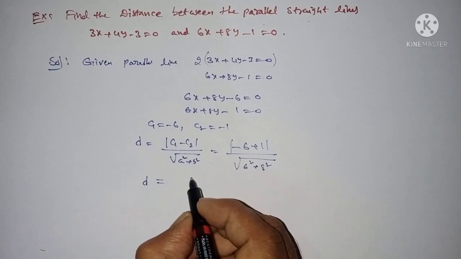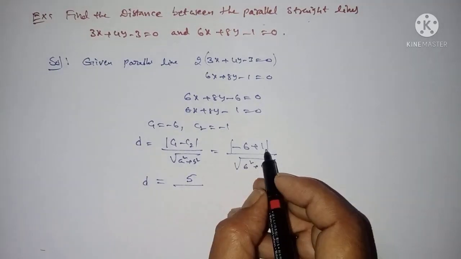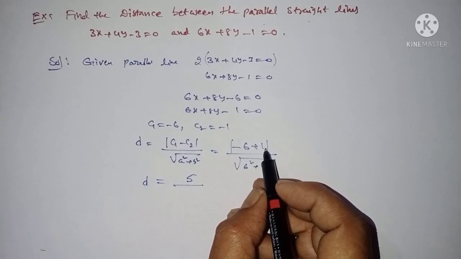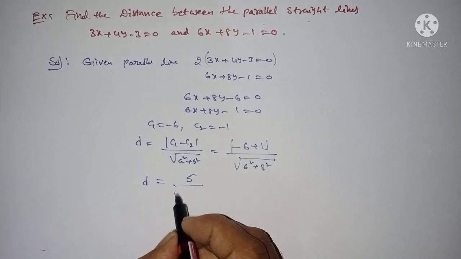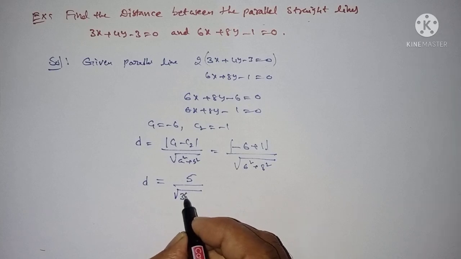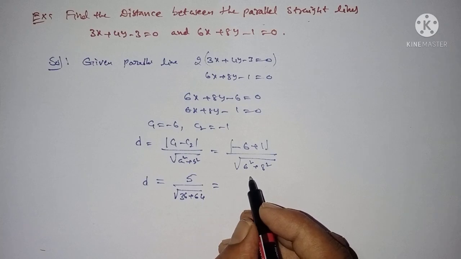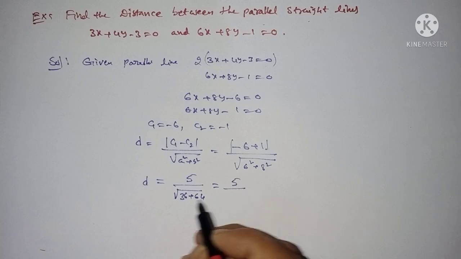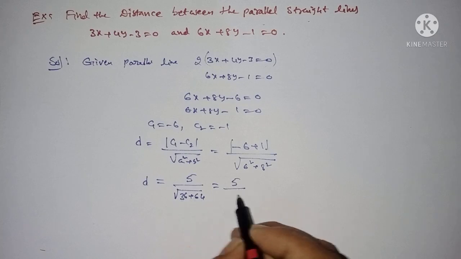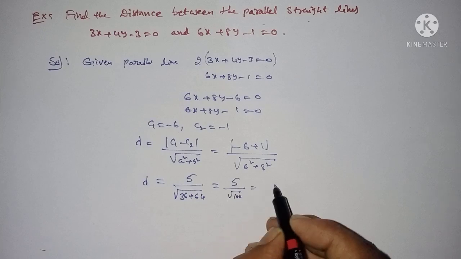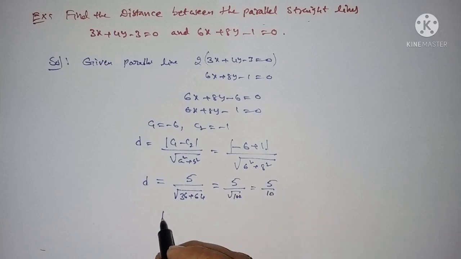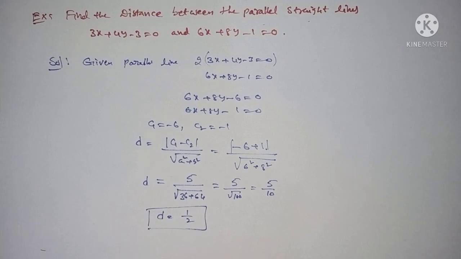D is equal to 5, since it is minus 6 you take the mod, by the square root of 36 plus 64. 5 by the square root of 100, which is 10. Therefore 5 by 10, D is equal to 1 by 2. The distance between the two parallel lines is D is equal to 1 by 2.